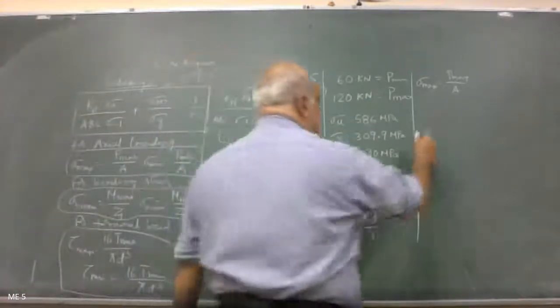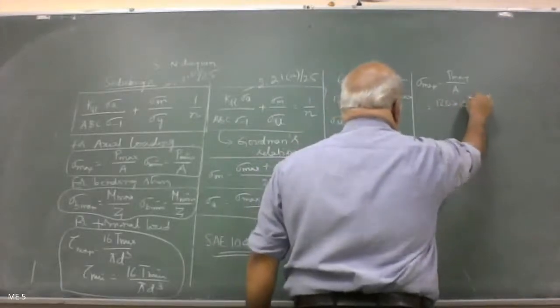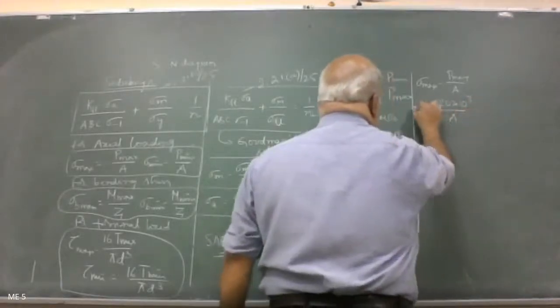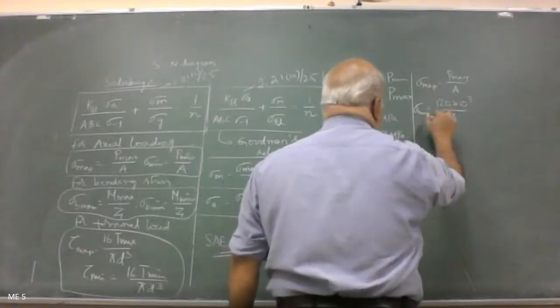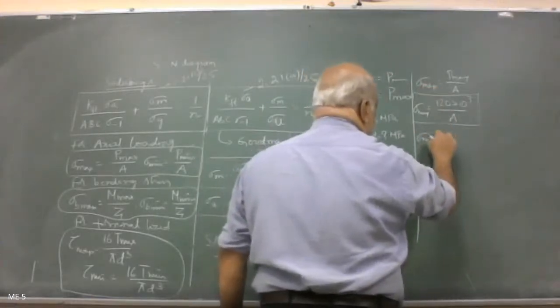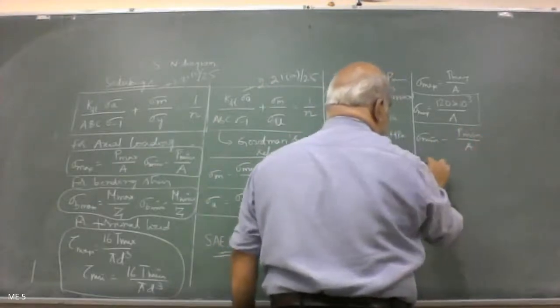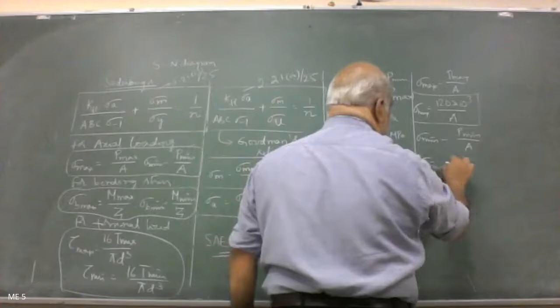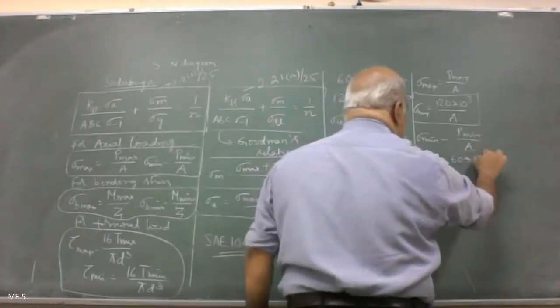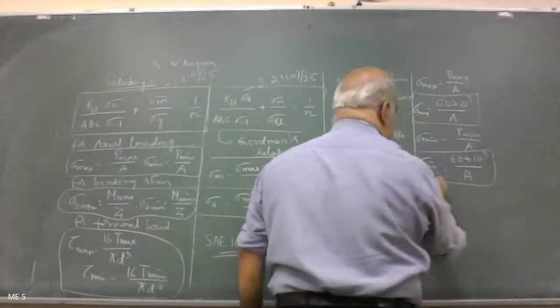So sigma max will be 120 into 10 power 3 divided by A. And sigma minimum is given by P minimum divided by area of cross section. So sigma minimum will be equal to 60 into 10 power 3 Newton divided by area of cross section.